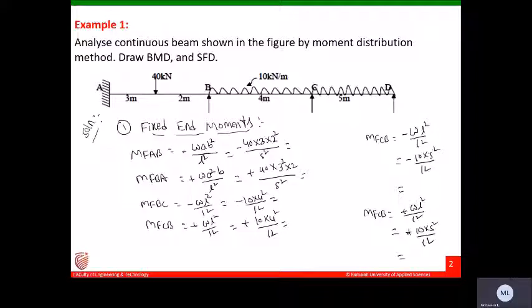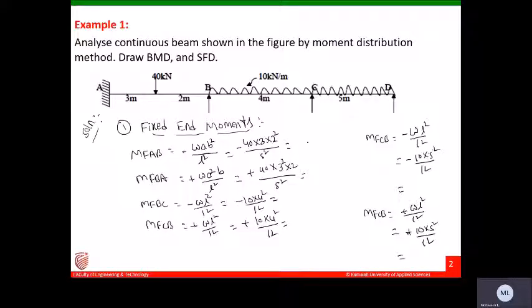MF of BA you will get minus 43 into 2 square by 5 squares. So minus 42 square by 5 squares, so this is given. So we will get minus 40 into 3 into 2 square divided by 5 square. So you will get this one.